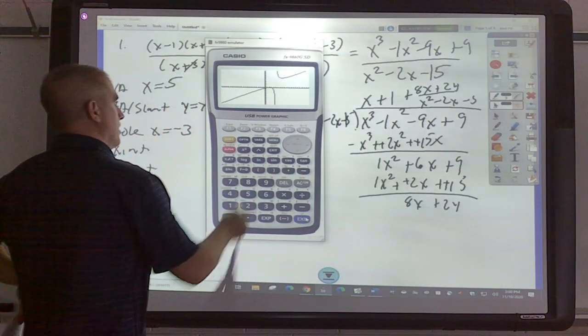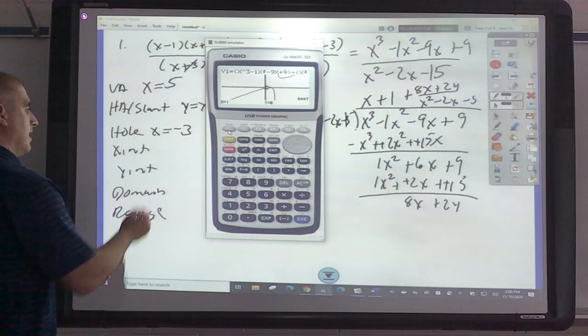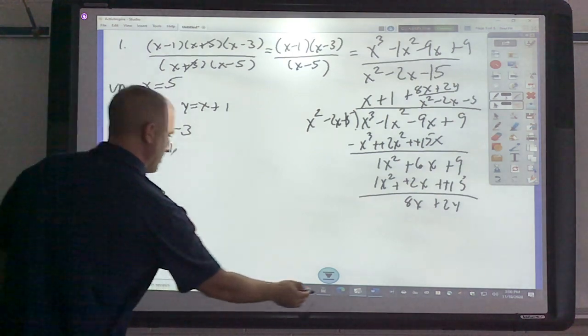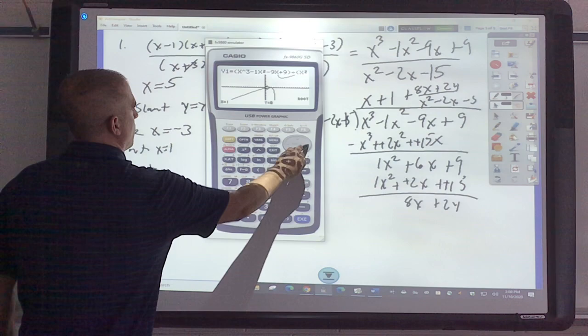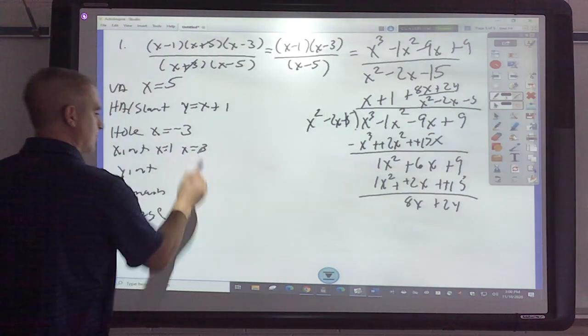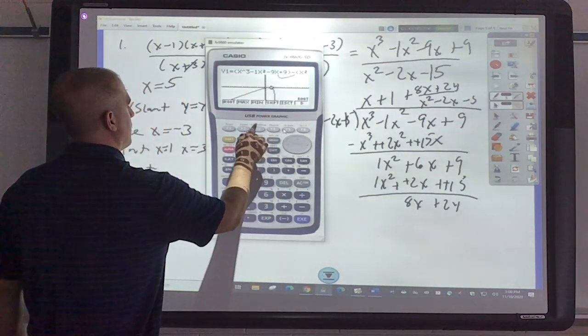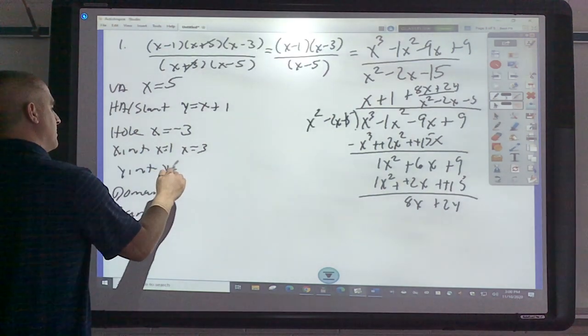Okay, there we go. So 2nd Calc solve root, I got x equals 1. Root, 1 and 3. Calc solve y-intercept, y equals -0.6.